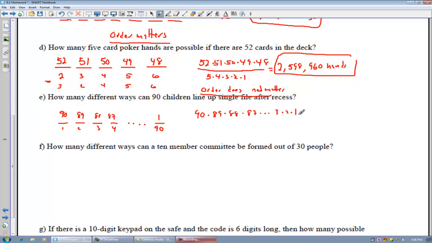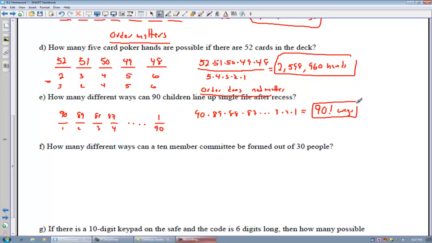And this number actually is too big for your calculator to crunch, so we have a notation that expresses this, and so we write 90 factorial. And this exclamation mark represents take 90 times 89 times 88 times 87 down to 3 times 2 times 1. So there's 90 factorial ways these children can line up.